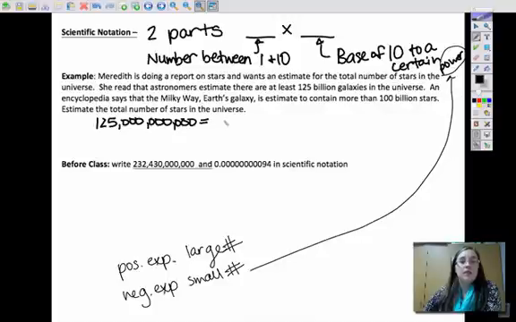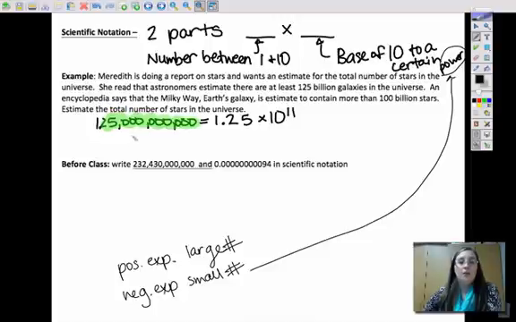I'm going to write this in scientific notation, 1.25. And then, like I said, we count the number of spaces after to figure out how many times we're going to multiply by 10. So that would be 3, 6, 9, 10, 11.